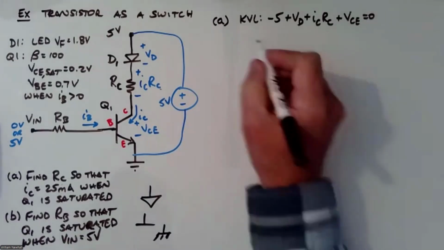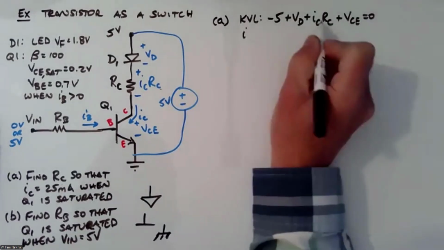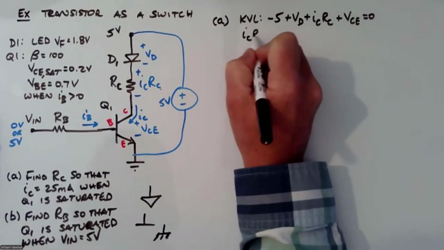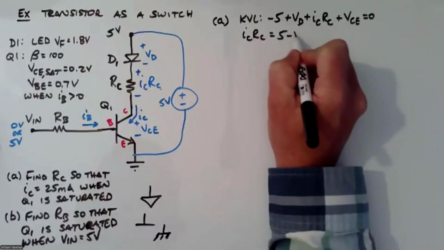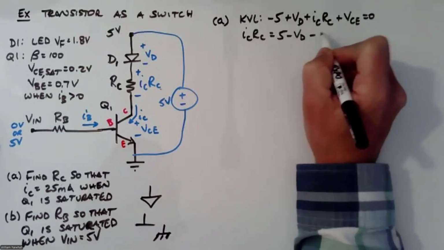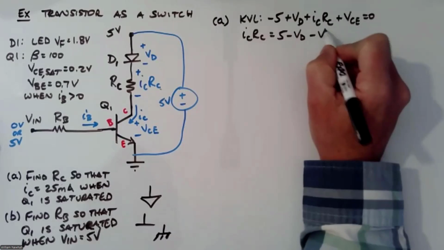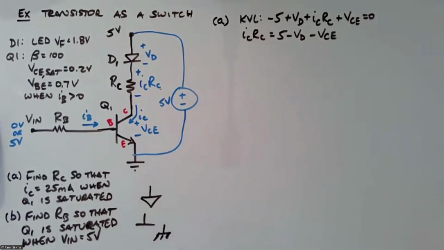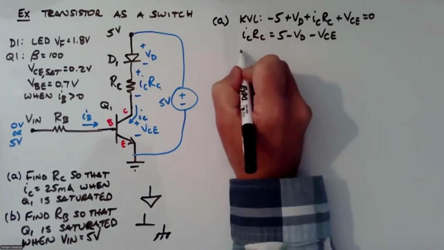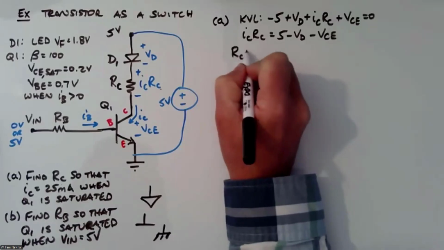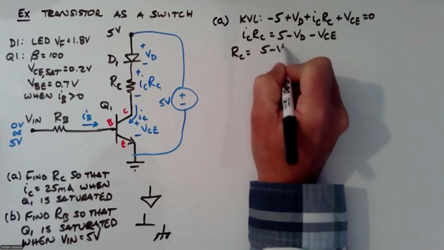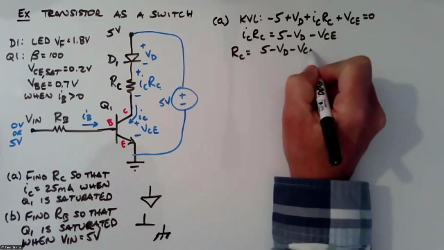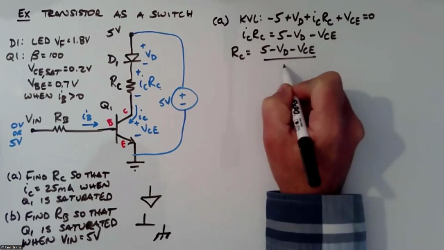And so I can solve for ICRC because I want to solve for RC. ICRC equals 5 minus VD minus VCE. So RC equals 5 minus VD minus VCE over IC.